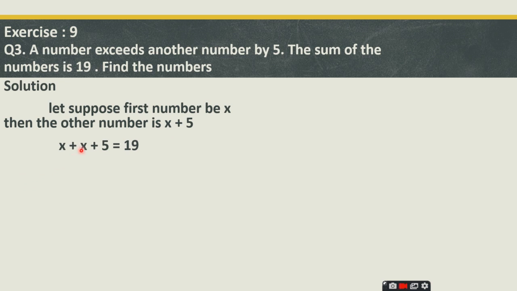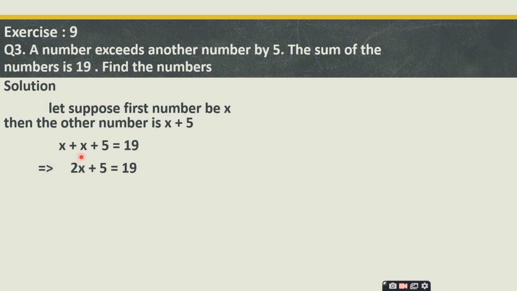Now the equation: the sum of the numbers is 19. So the sum of the numbers means the first number x plus the second number x plus 5 is equal to 19. This is the equation.